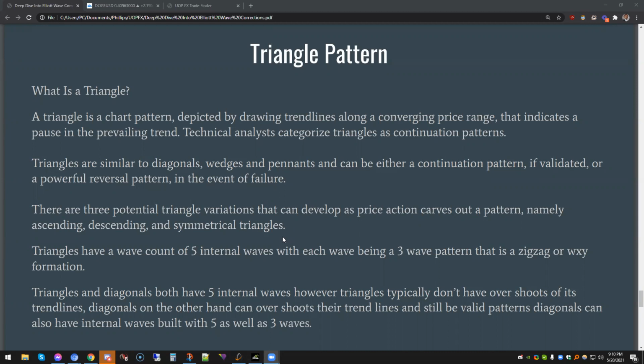We also have situations where we may have an expanded triangle, which looks like a reverse triangle, where instead of starting off wide and going thin, it starts off thin and goes wide. So you need to look out for those as well. We normally consider those to be diagonals, but some traders may still consider them to be triangle formations.